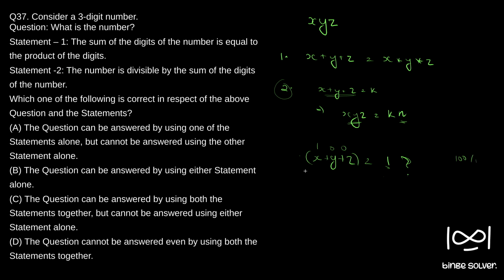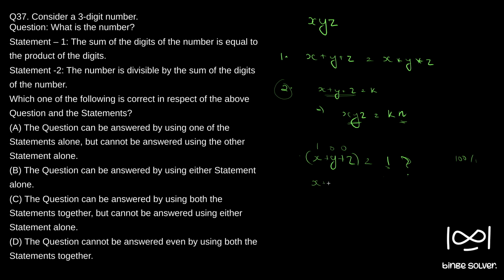So if the sum is 1, we will get the number as 100. There is no other 3-digit number with sum of the digits as 1. So that is one case.